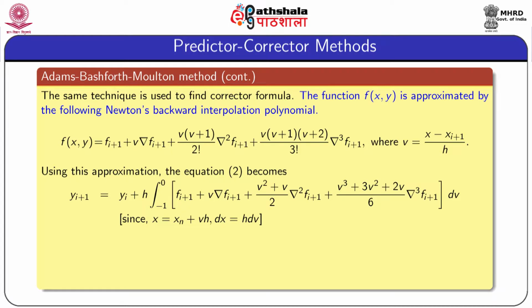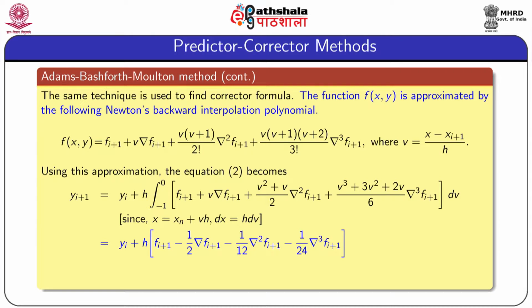Using this expression, the given differential equation becomes y_{i+1} equals y_i plus h times the integral from minus 1 to 0 of the terms within the square bracket, obtained by Newton's backward interpolation polynomial, dv.